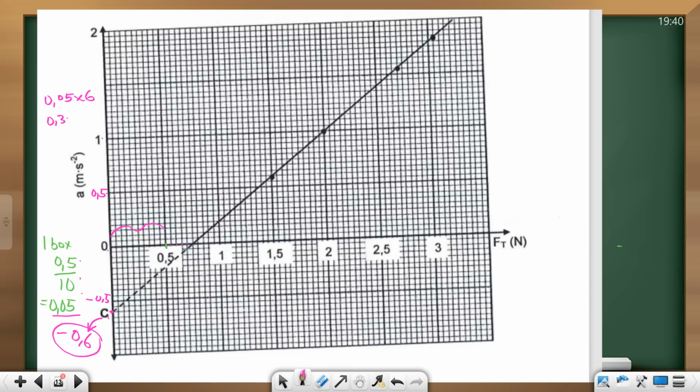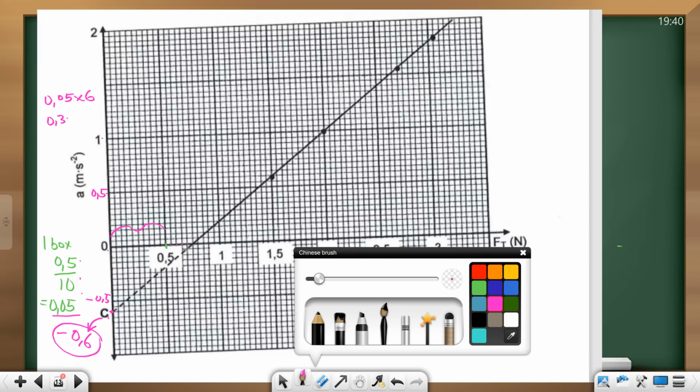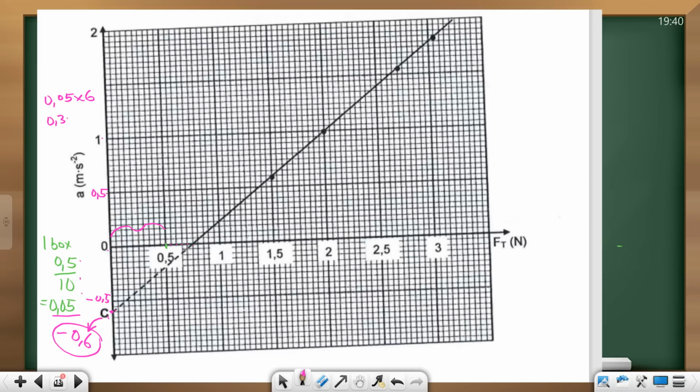Can we use that to get our gradient? Remember, for gradient you can use any 2 points, even the 2 and the 1 that Yusuf spoke about. Please write down your values, y2 minus y1. Everybody calculate. Now we have 3 points. Here, what's our coordinate? X is 0, y is negative 0,6.